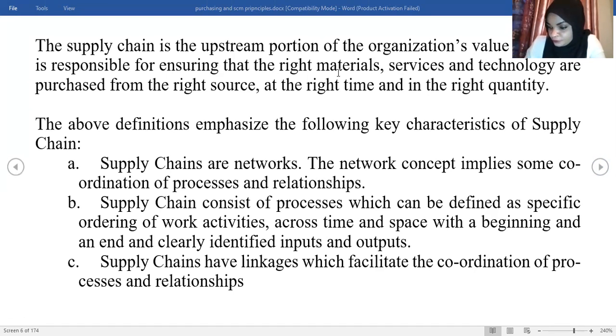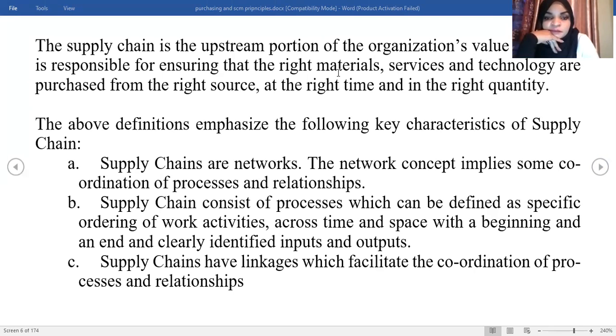For example, when I send a link to you, that link is going to create something like a bridge where you'll be able to get information, or to cross to the other end. So supply chain enables you to create that link between various processes and relationships.